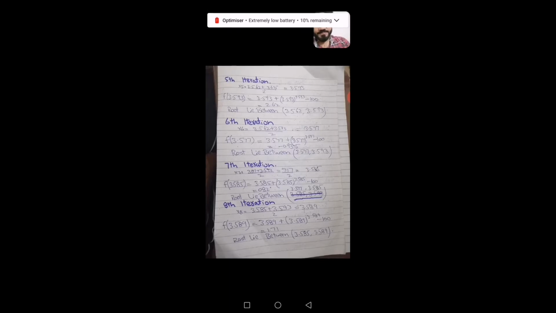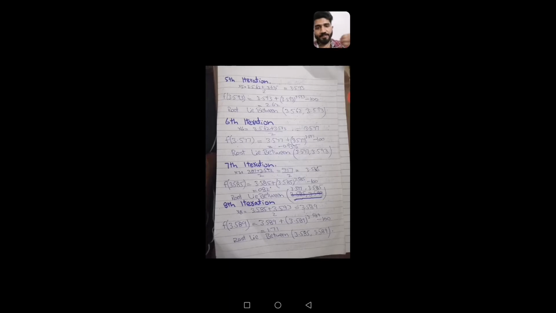We have 3.562 plus 3.593 by 2, we got 3.577. When we substitute this value in the function, we get a negative value, which is 0.9375. So now we can say our root lies somewhere between 3.577 and 3.593.